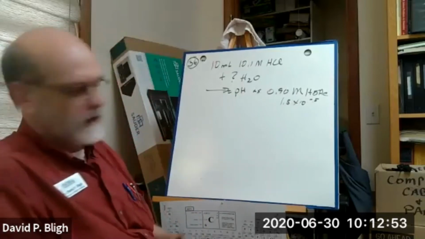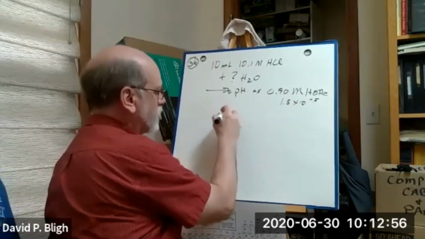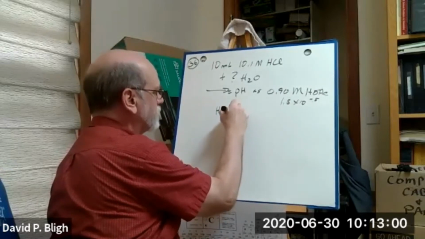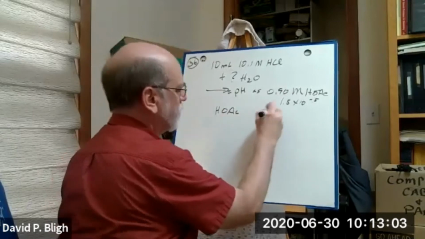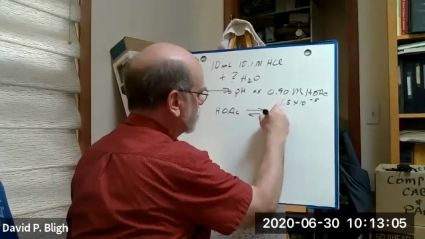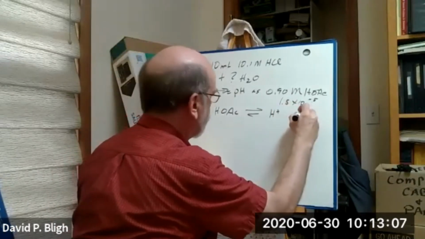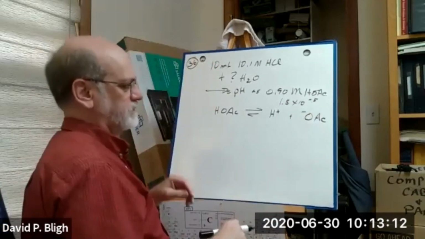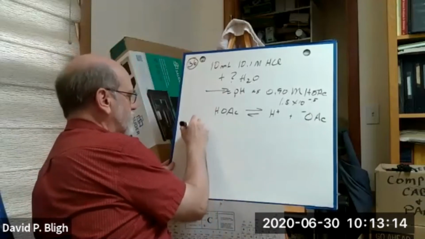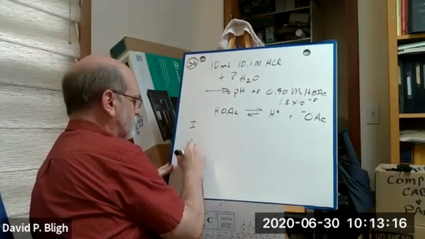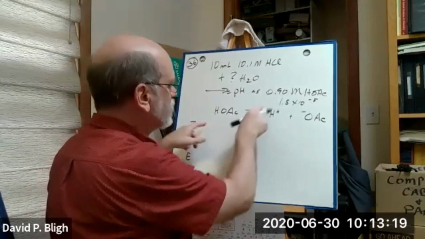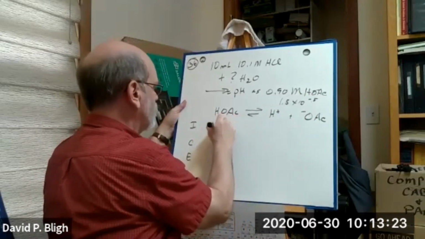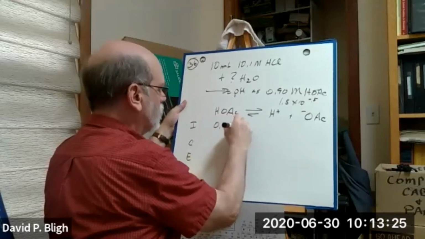Okay. So this reaction is going to be acetic acid, right? And it produces hydrogen ions and acetate ions, right? So what do we have initially? Initially, we have 0.9 molar HOAc, 0.9 molar.